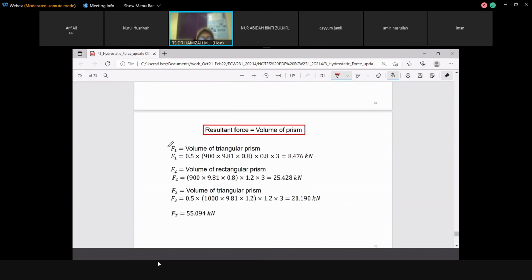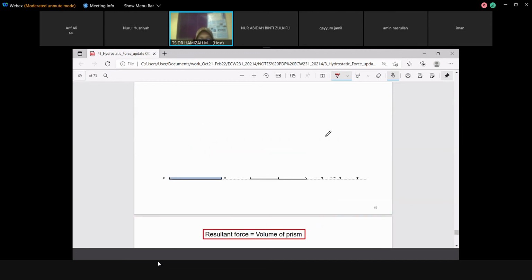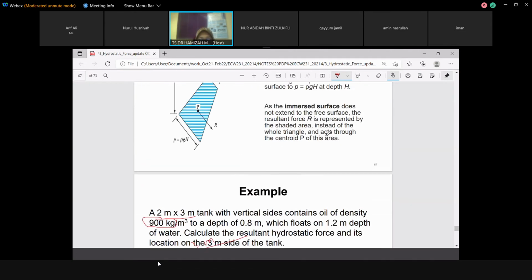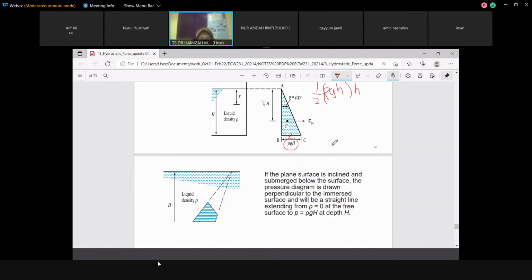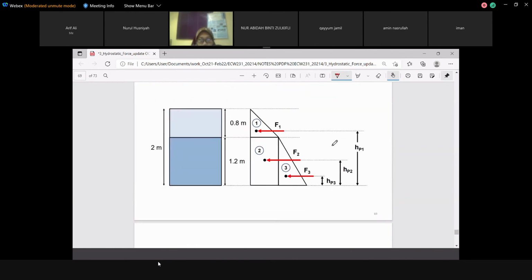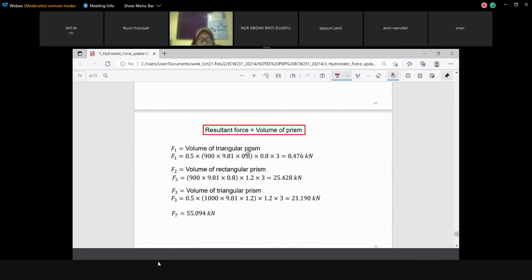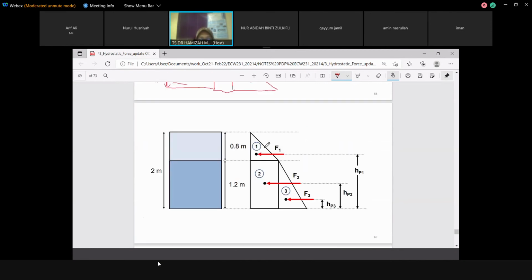Okay, so we calculate the volume of prism because it is same to resultant force. Resultant force equals to volume of prism. So volume dia 0.5 half times rho G H. Macam saya draw ni. Rho GH. So rho GH dia adalah 0.8, tinggi dia 0.8, tinggi ni.